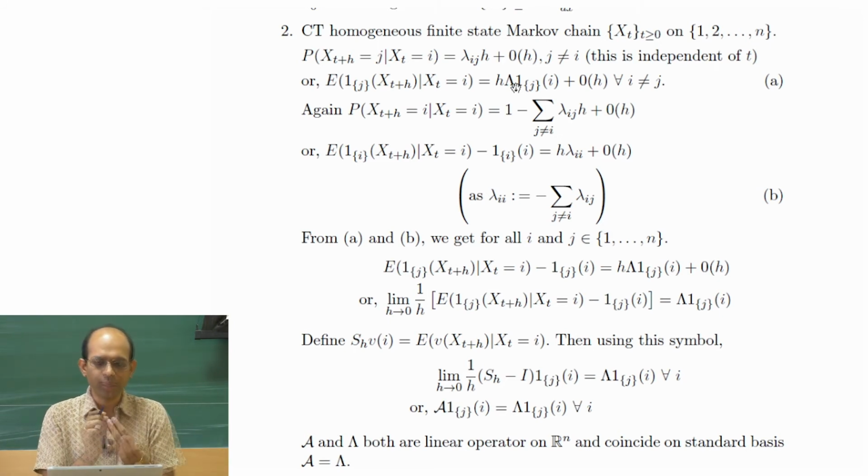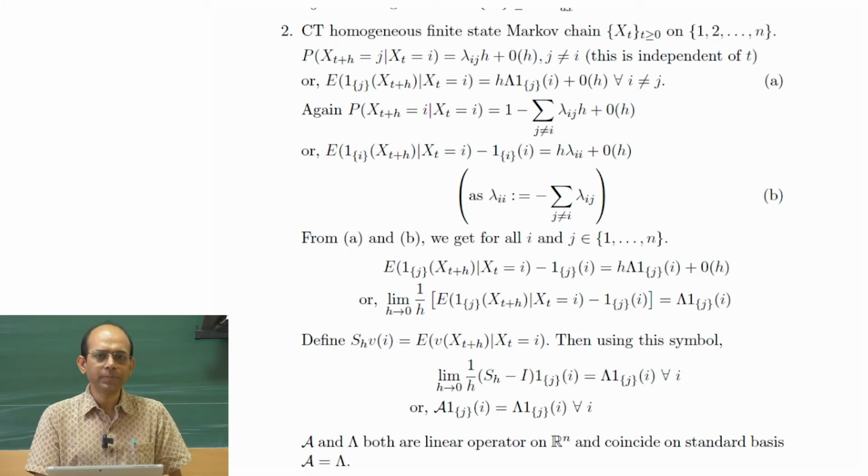So I am rewriting it this way. I call this B, so I have A and B, the two equations we obtained directly from this description.